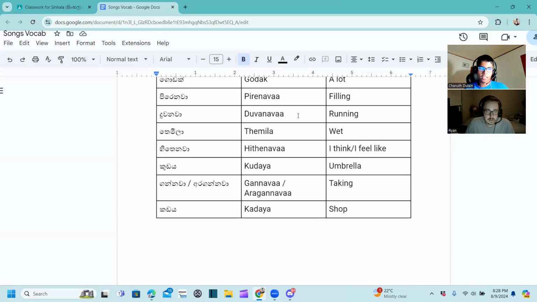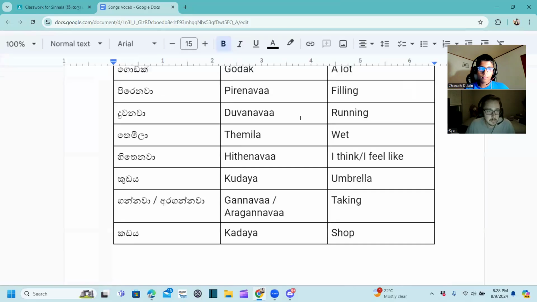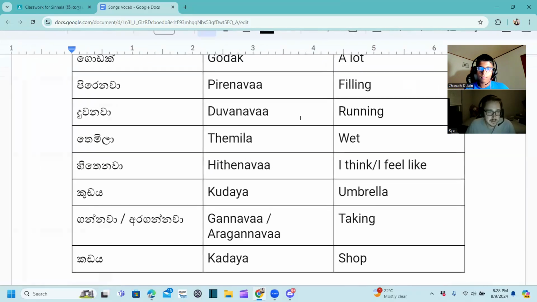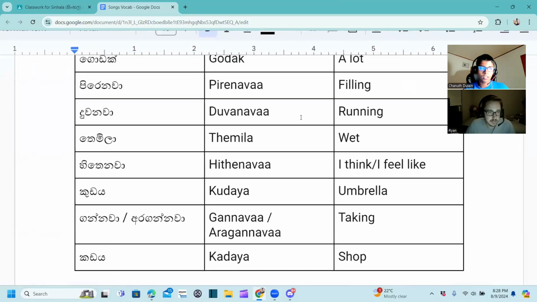So that means... sorry, I'm trying to read the Sinhala, but the V is silent. This third letter, the V. Yeah, it's Duvanava.